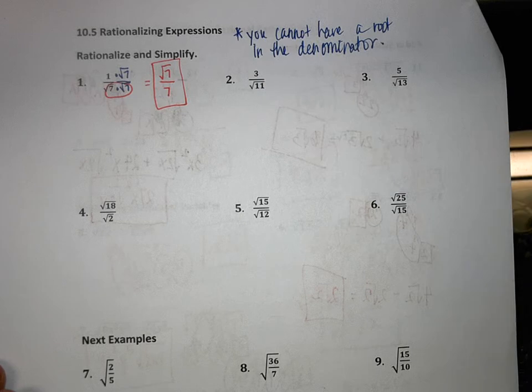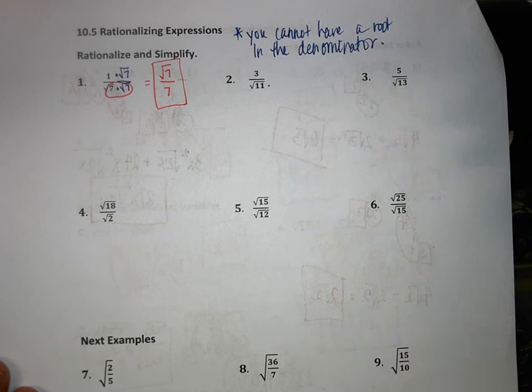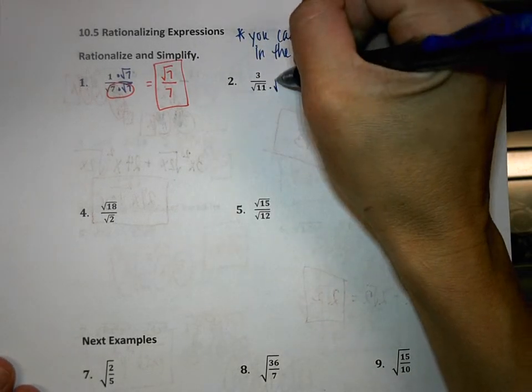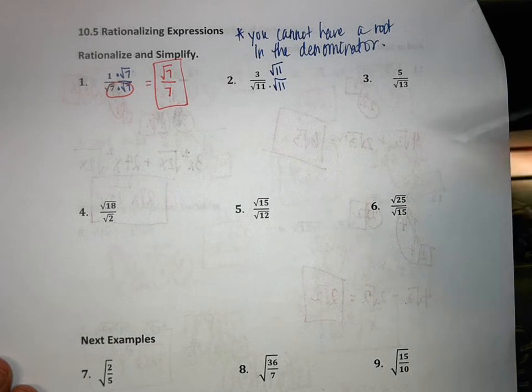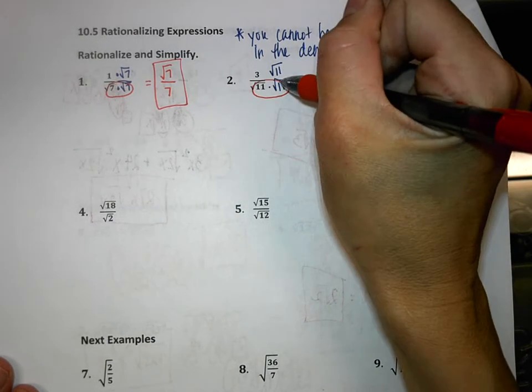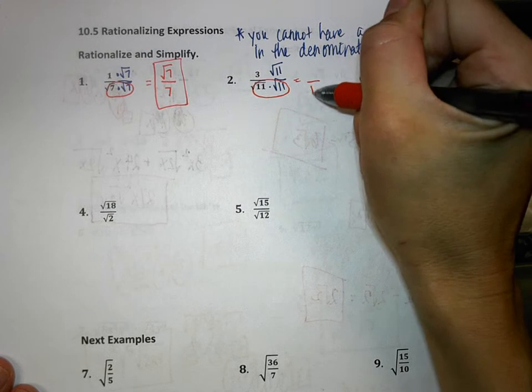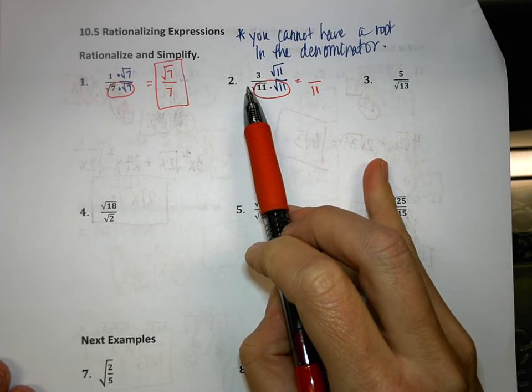What do I do on number 2? Root 11 this time, right? So we're going to multiply by root 11 to both the top and the bottom. So what happens to the bottom here? Good. You have a pair of 11s now. And on the top, see how the 3's not in the root? So it doesn't go in the root.